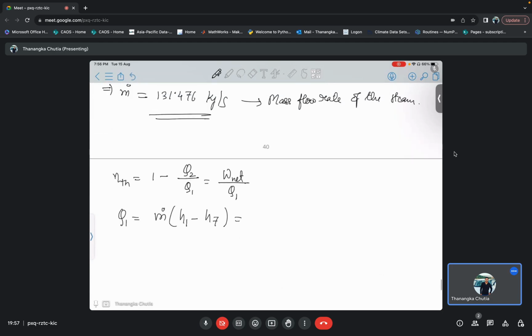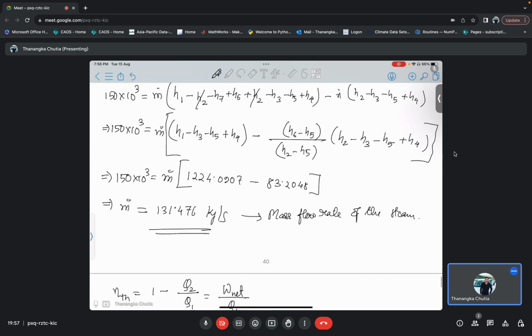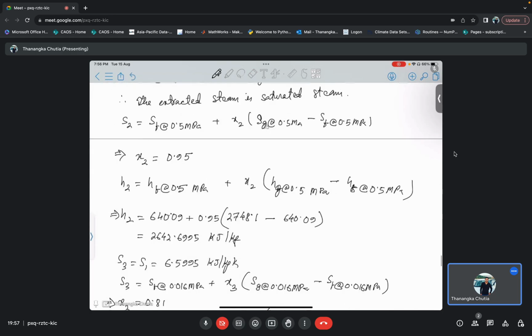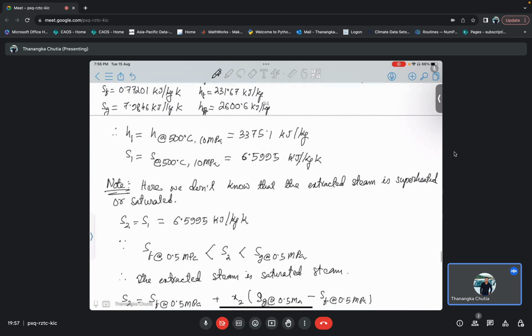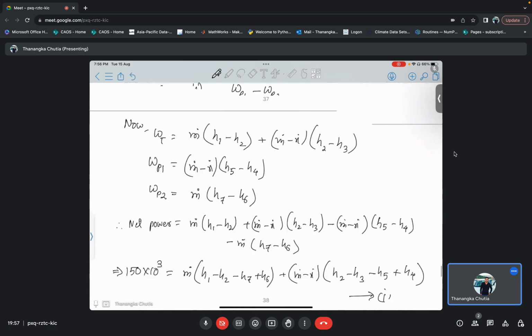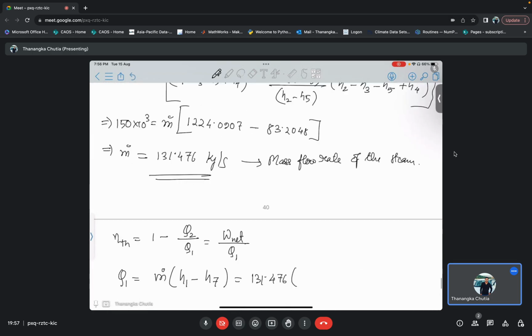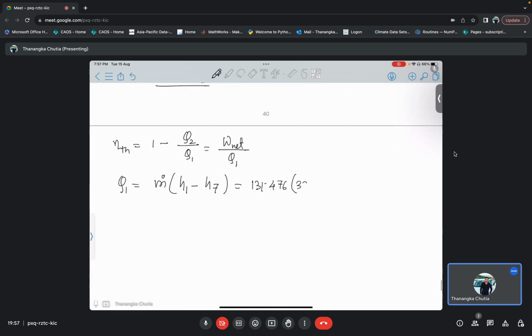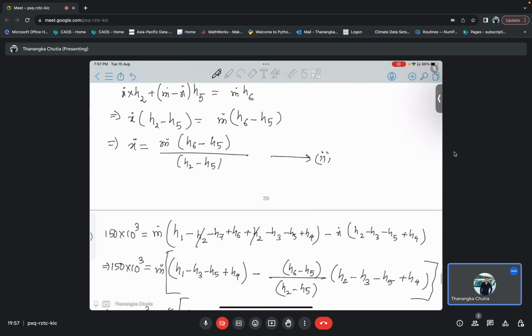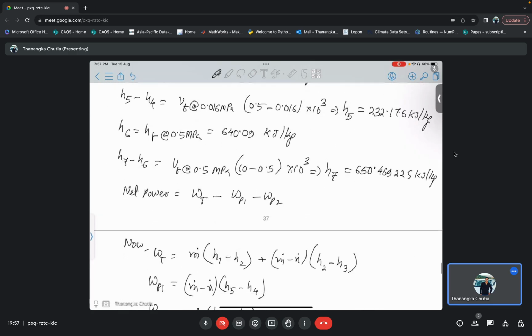What is m dot? M dot is 131.476. H1 is 3375.1, and h7 is 650.469225.